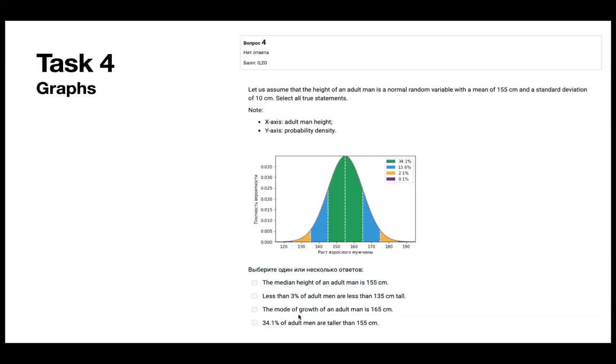Next, 34.1% of adult men are taller than 155 centimeters. We can just say that half of adult men are taller than 155, so that's also false.